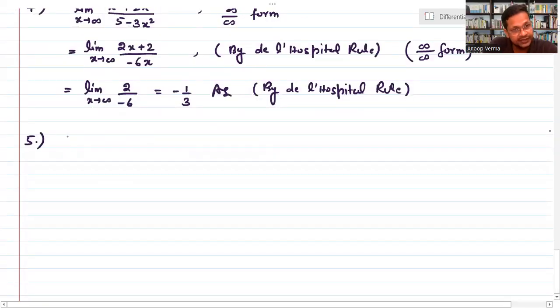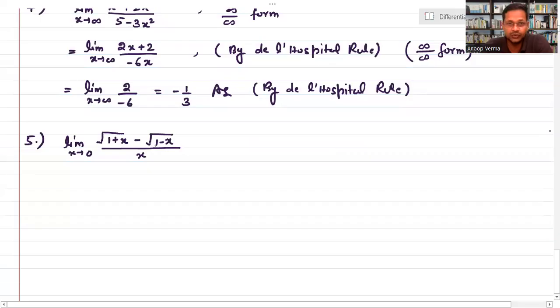this is the limit x tending to 0 of root of 1 plus x minus root of 1 minus x divided by x. Okay, so if you put 0 now, root 1 minus root 1 upon 0, it means 0 upon 0.